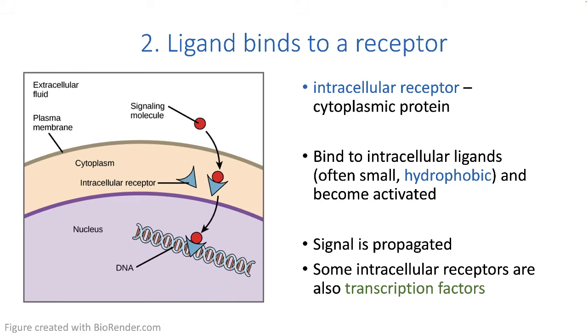Some intracellular receptors are also transcription factors, and upon binding the ligand, they become activated and can move into the nucleus and bind to DNA, turning transcription of messenger RNA on or turning it off. And receptors, by the way, are specific. They generally bind just a single type of ligand, or perhaps just a few molecules that are similar in shape and chemical properties.